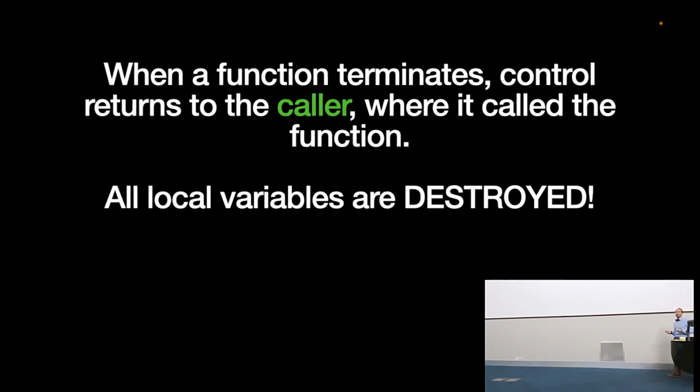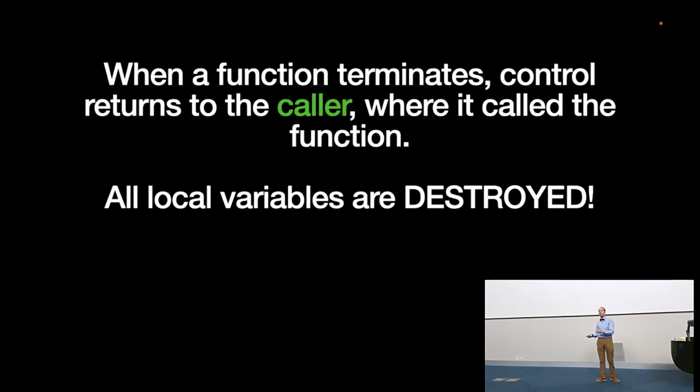When a function finishes running, the program immediately resumes running back at the point at which it was originally called. So if you have a main function that goes from lines 1 to 10, and then lines 15 to 20 is the sign function, and the sign function is called on line 5 in the C program, when the sign function finishes, we're going to go back and resume at the end of line 5, finish processing line 5, and then move on to line 6.